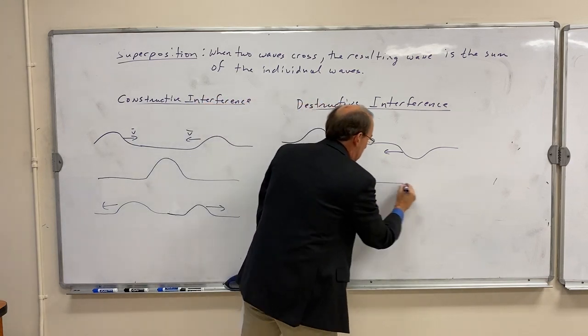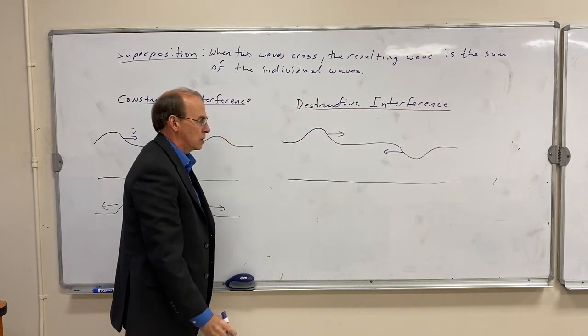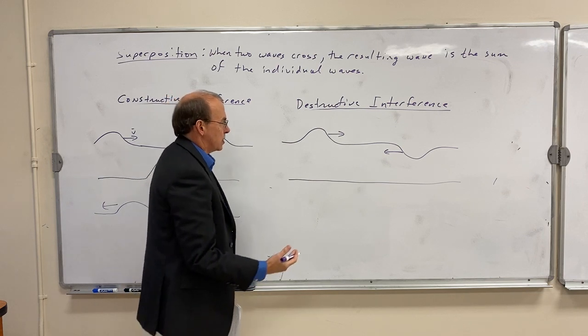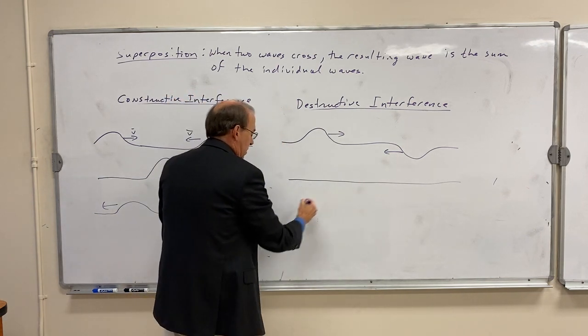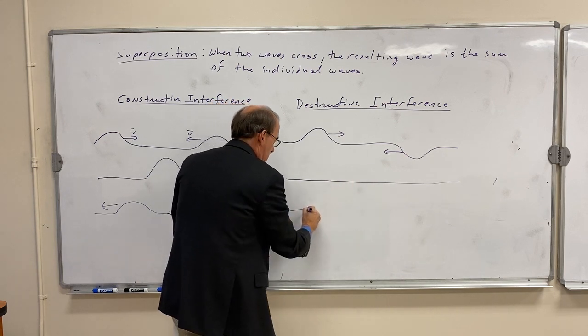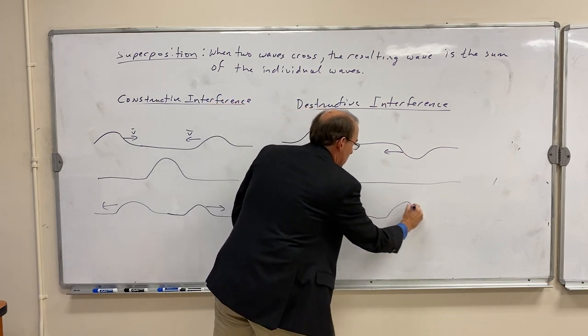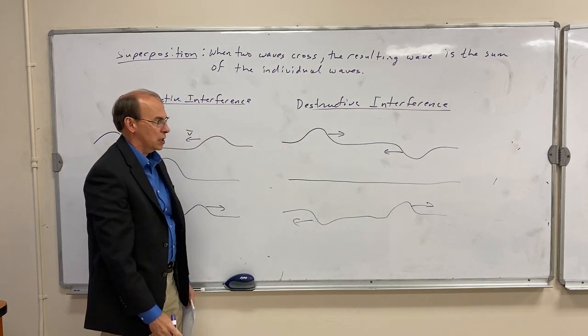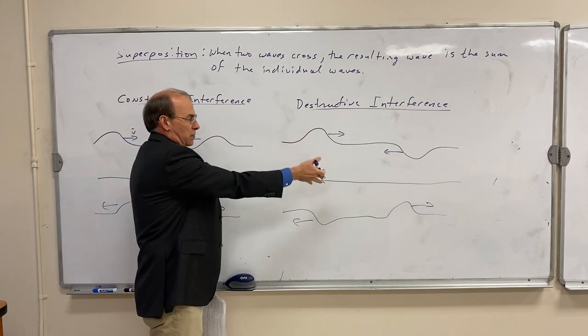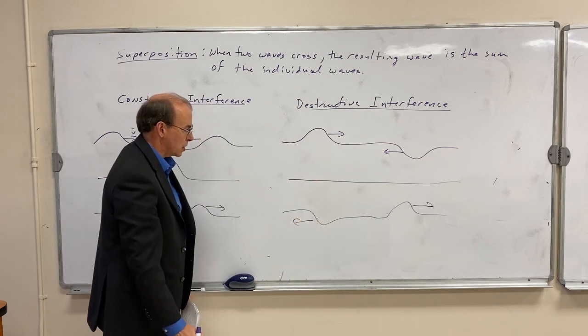So when they cross, they essentially cancel each other out. But the energy is still there. And so an instant later, this wave continues on its way, this wave continues on its way. So these have passed through each other and keep going. So destructive, they destroyed each other, but they continue going.